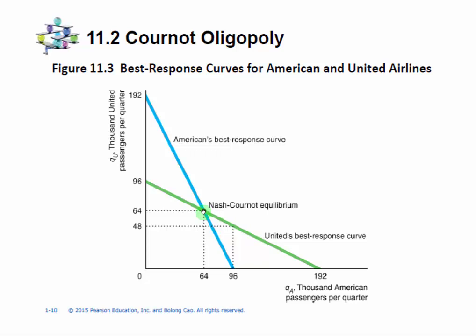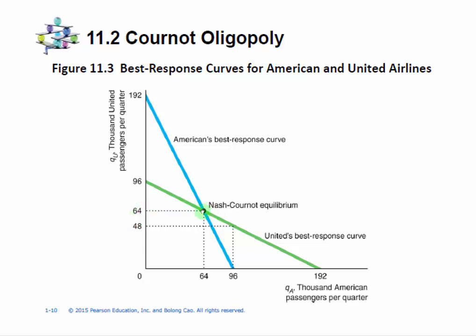I have said that 64 for American Airlines is a best response to United's output quantity of 64. That's only from the standpoint of American Airlines. But it turns out that from the view of United Airlines on this green line, if American Airlines decides to supply 64 units to the market, United also maximizes its profit at 64 units.